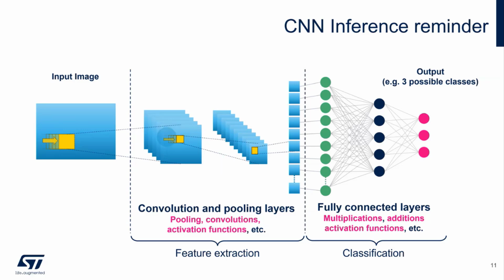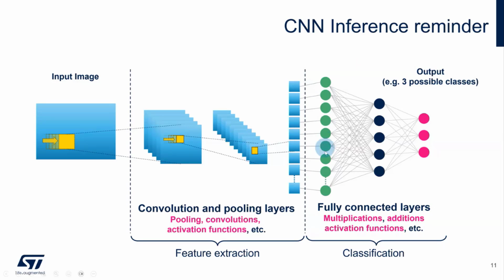This sliding window is the convolution, and pooling is an operation to extract and highlight the important information. It will remove some pixels while maintaining and highlighting the important information. That's basically what pooling is.